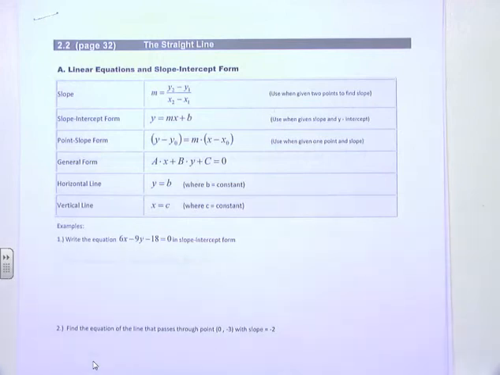Lines are hugely important because where we're going with this is the derivative. I'll go ahead and tell you the geometric representation of the derivative. It's something called the slope of the tangent line.